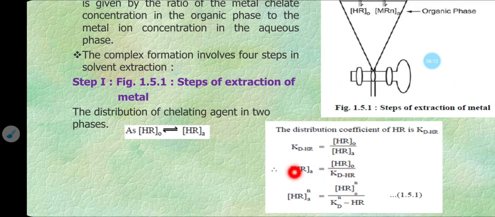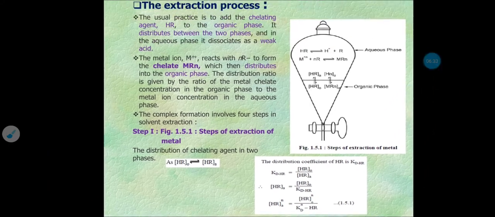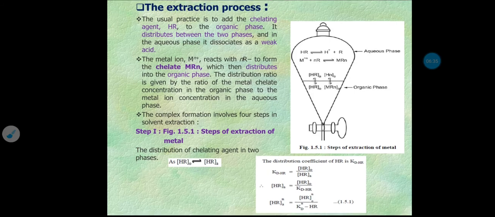For a number of molecules, this equation is written as the concentration of chelating reagent in aqueous raised to n, where n is the number of molecules, equal to the concentration of chelating reagent in organic raised to n divided by the distribution coefficient of HR. This is our first final equation for the first step.